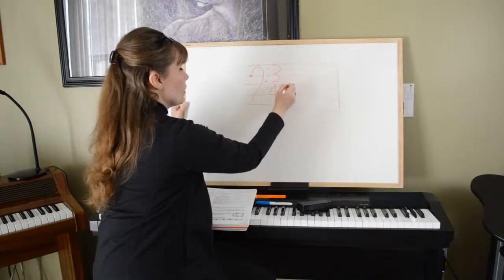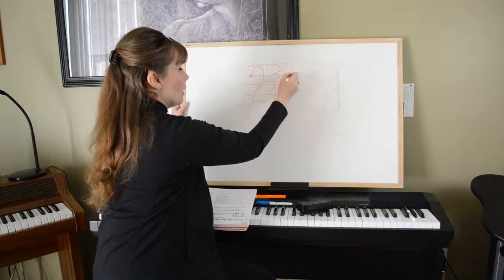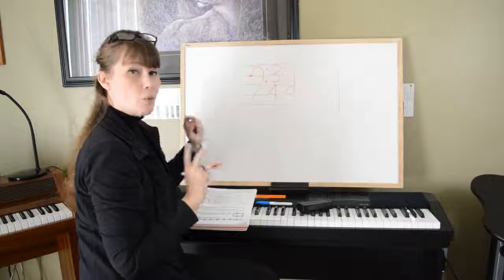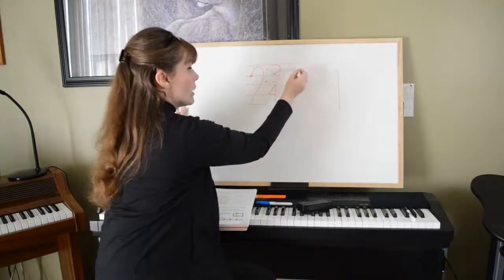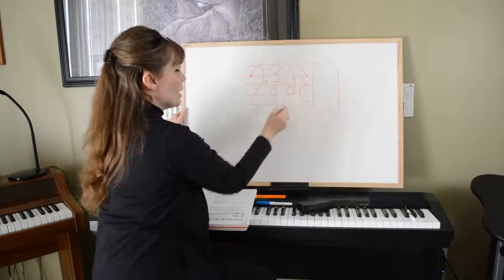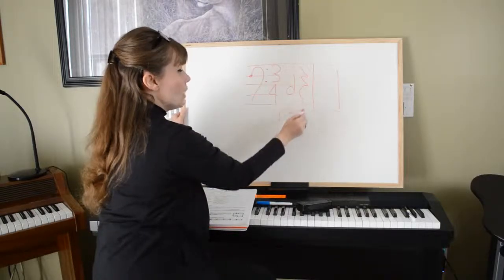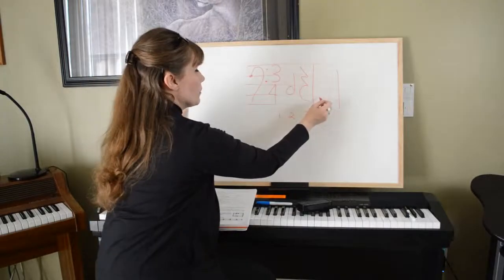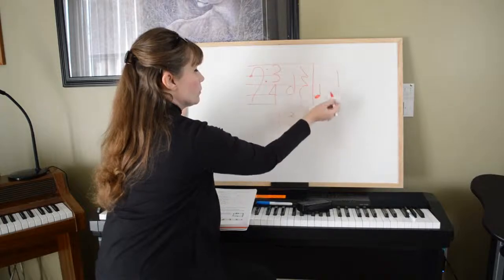So let's start here with a C, and I'm going to do a half note that contains 2 quarters. So now I'm looking for 1 more quarter. So let's do a quarter rest. Then I have my bar line because I have beats 1, 2, and my third beat.